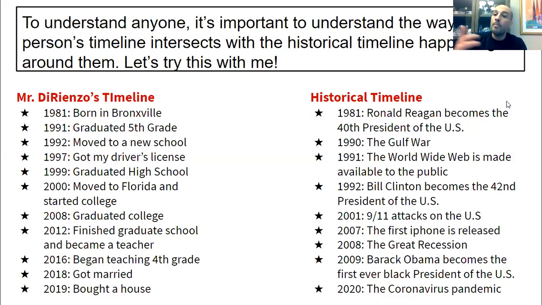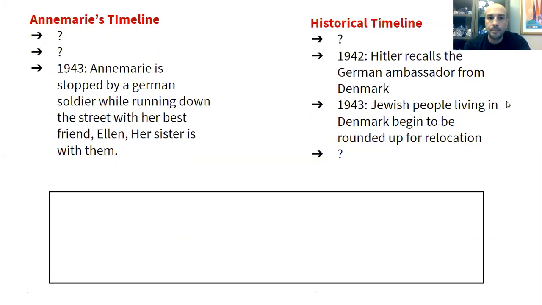And history impacted the way that I lived my own life and the decisions that I made and the things that happened to me, the interactions I had with other people, the things that I did for my job, for my own schooling. So it's important to realize that these two timelines live not only parallel with each other, but also converge onto one another.